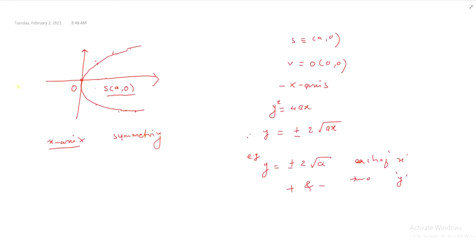Now, the fixed line is the directrix D, and the equation of the directrix D, as we have just seen in the proof, is x plus a is equal to 0. Isn't it? And the perpendicular distance is equal to mod of x plus a. Now here, this point O also lies on the parabola, because we have made the construction in such a way that OS is equal to OZ.